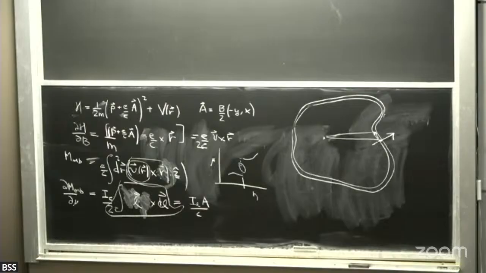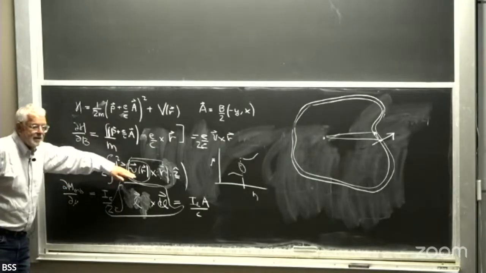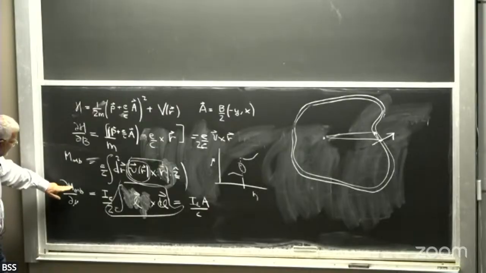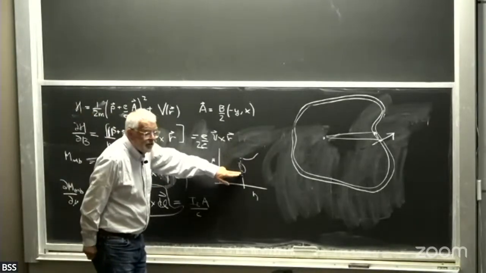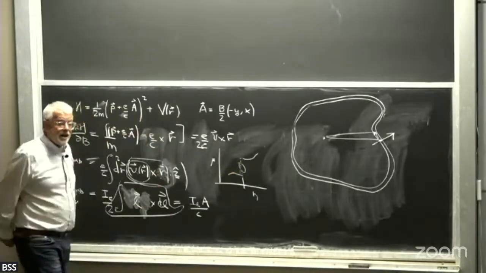Go ahead. I'll say that again. It's the orbital magnetization, yeah. So this is the orbital magnetization. And now, because I want to calculate the derivative of the orbital magnetization with respect to chemical potential, changing the chemical potential somewhere inside this gap where nothing is changing in the bulk.